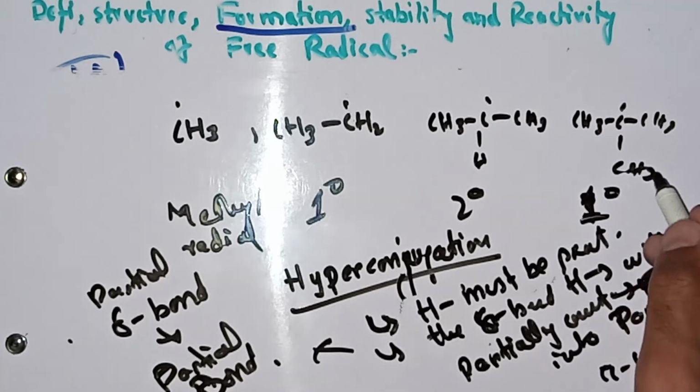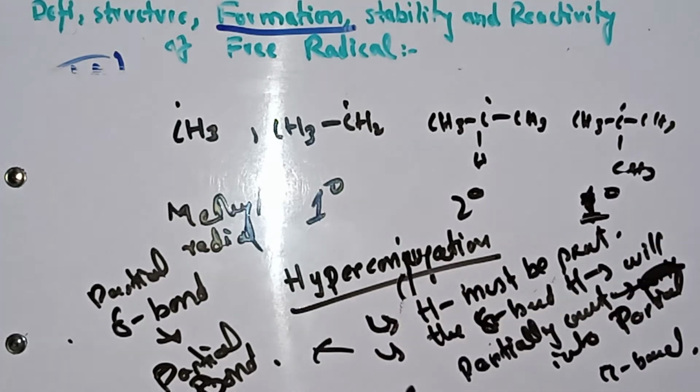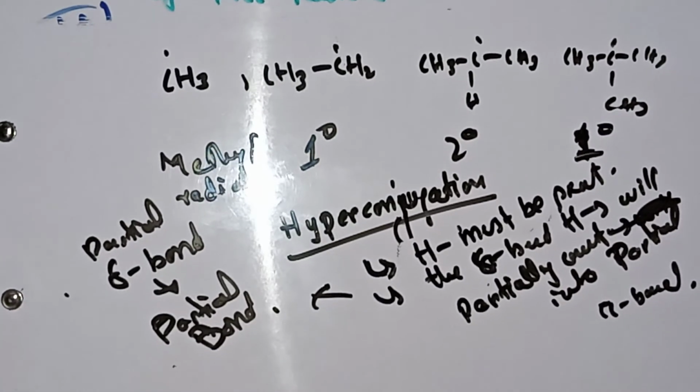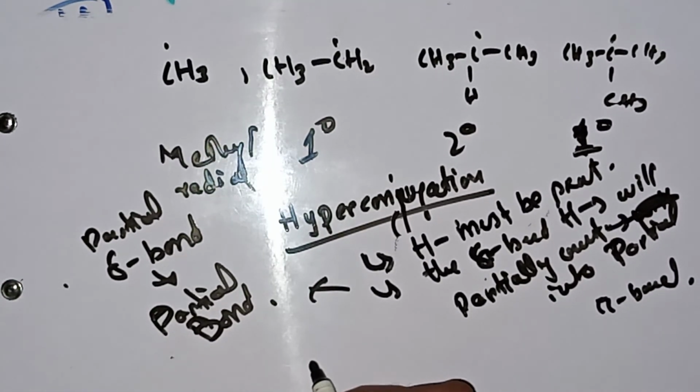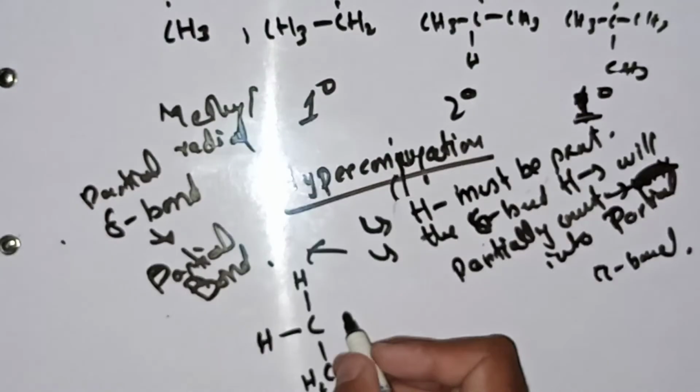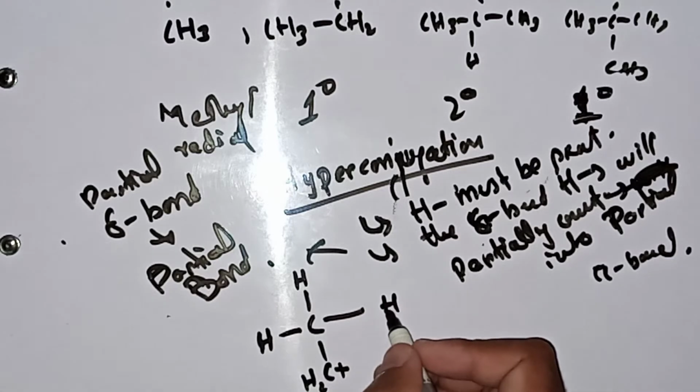Similarly here, let's take one example, and after that you will get my points easily. Let's suppose this is CH3-C-CH2, and here is a plus charge. If there is one hydrogen, what will happen?